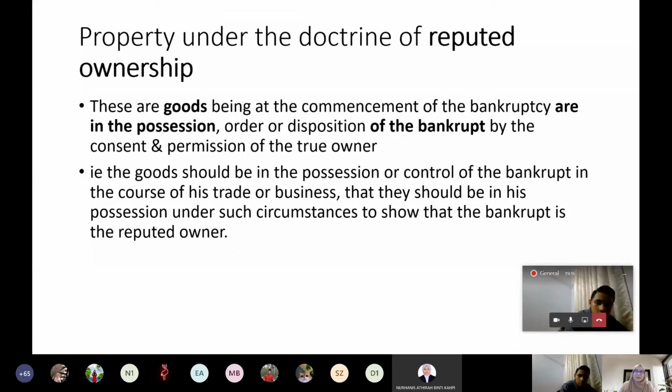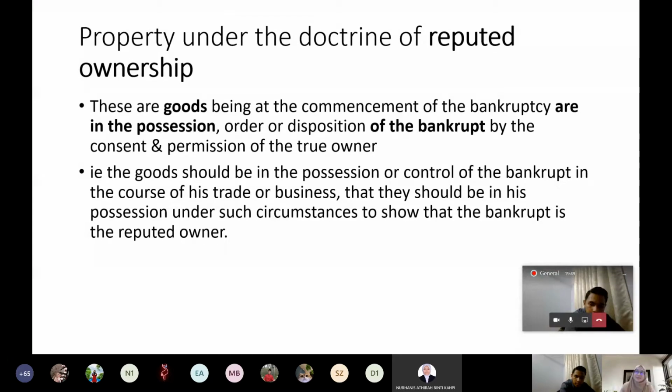For example, under hire purchase, the principle under the law is that any goods which you get under a hire purchase transaction belongs to the owner. For example, if we buy a car, usually people will take a loan from the bank. The term people usually use is loan, but the transaction is usually in the form of a hire purchase transaction.